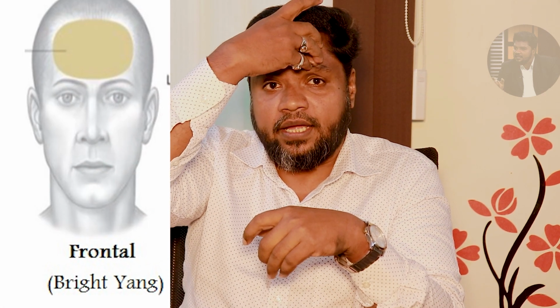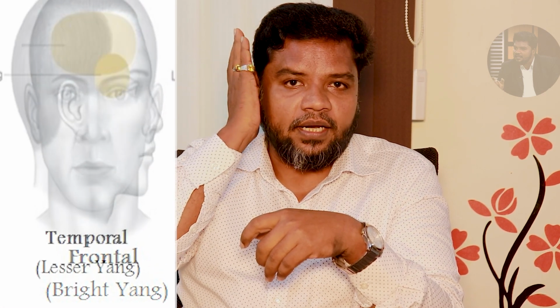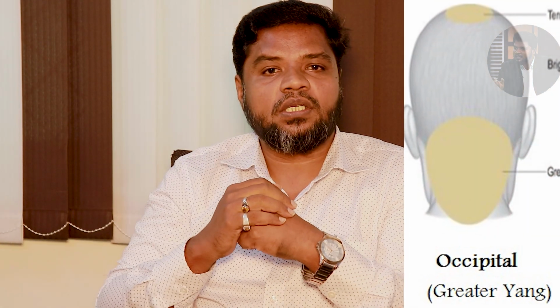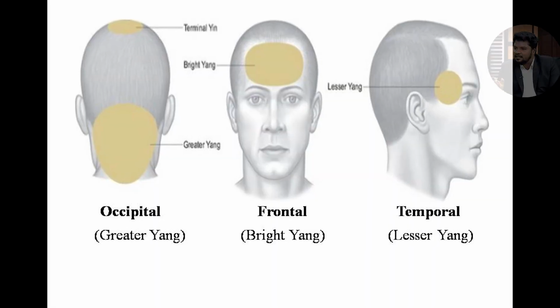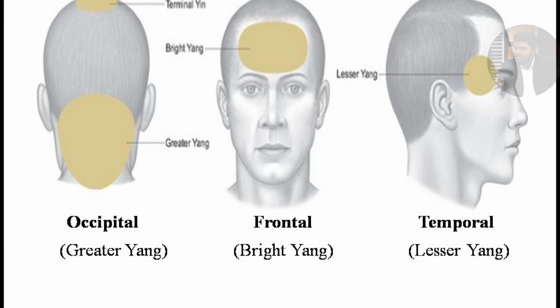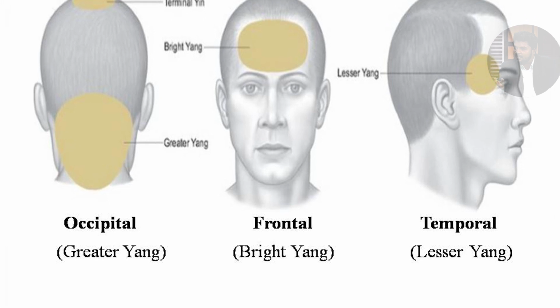So when patients come and tell you about pain in the forehead, that is brighter yang; pain in the lateral side is lesser yang; pain in the back side is greater yang. So: brighter yang, greater yang, and lesser yang. Occipital headache is the greater yang headache. Frontal headache is the brighter yang headache, and the lateral headache is the lesser yang headache.